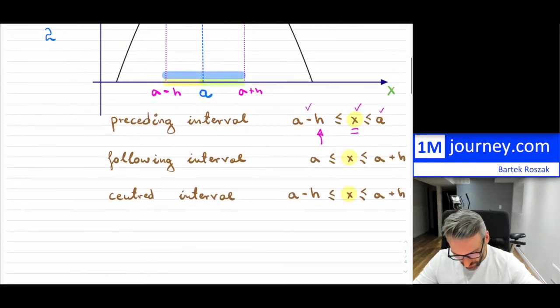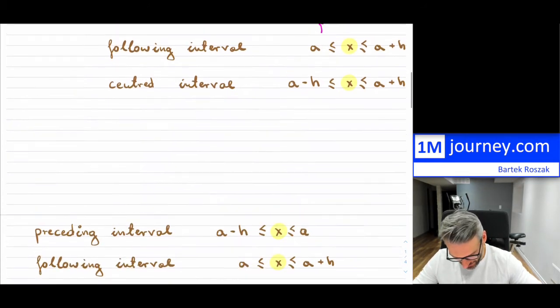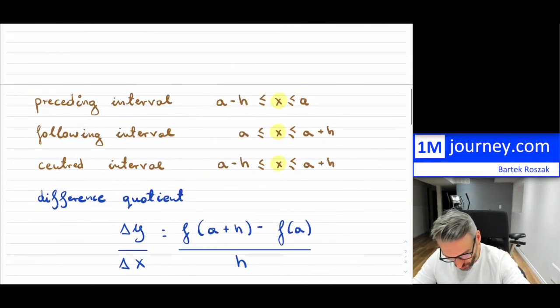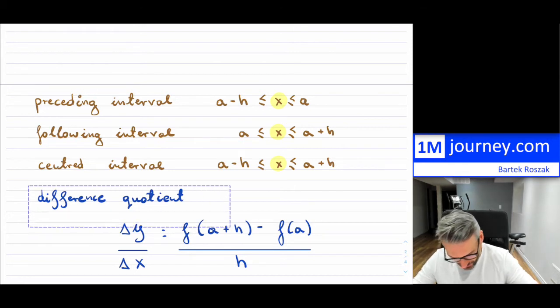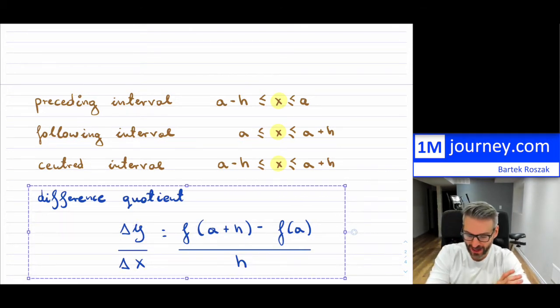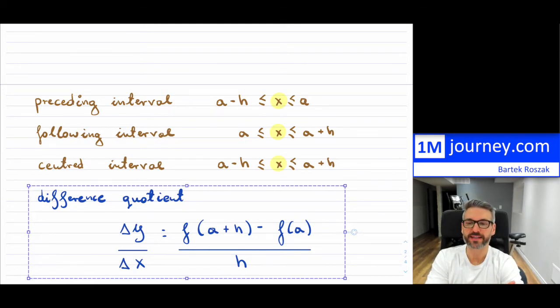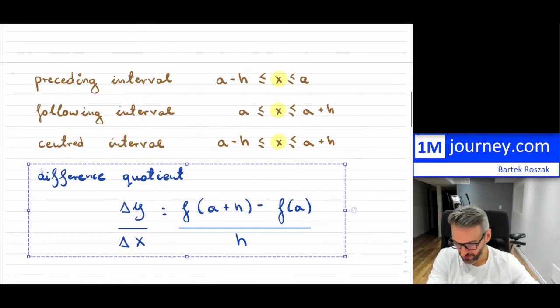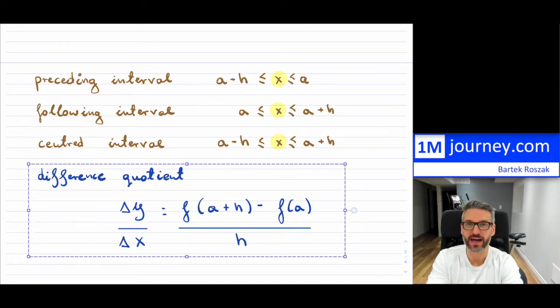Now, there is one other item, which is this one, which I like to use. If you want to approximate or find the instantaneous rate of change as close as possible, this is how it can be defined, and it's typically called a difference quotient.